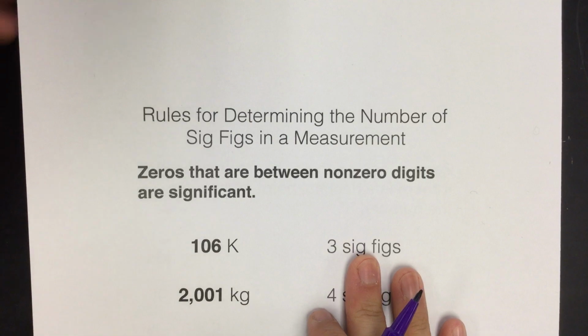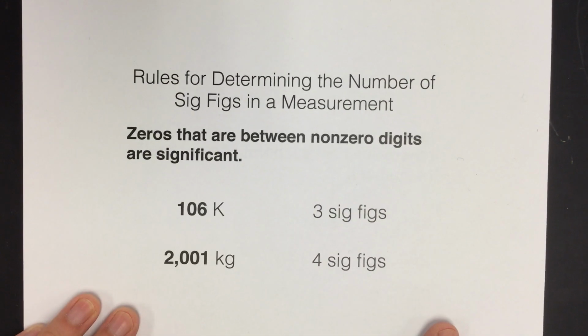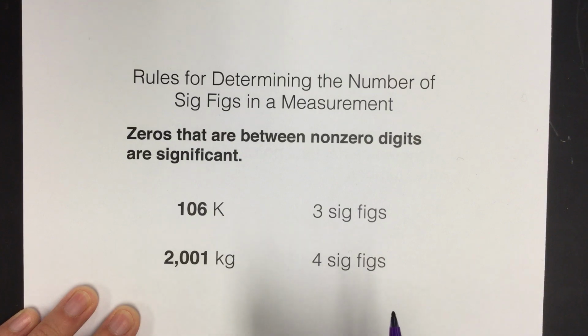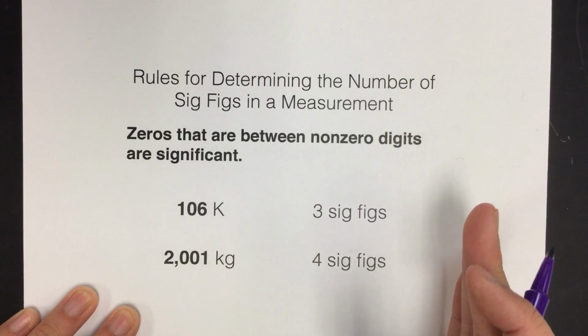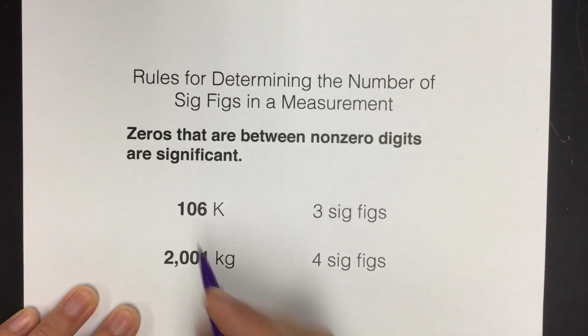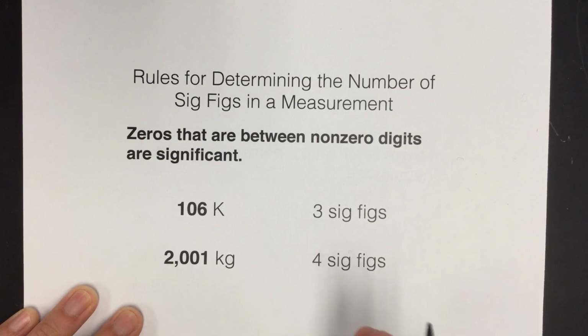The next rule talks about zeros that are between non-zero digits, and I refer to this as the sandwich rule. And it's a pretty easy rule because if you think about the idea that digits that are significant can't be significant and then non-significant and then significant again, they're all going to be clumped together. So if some zeros occur in between some non-zero digits, they must be significant.